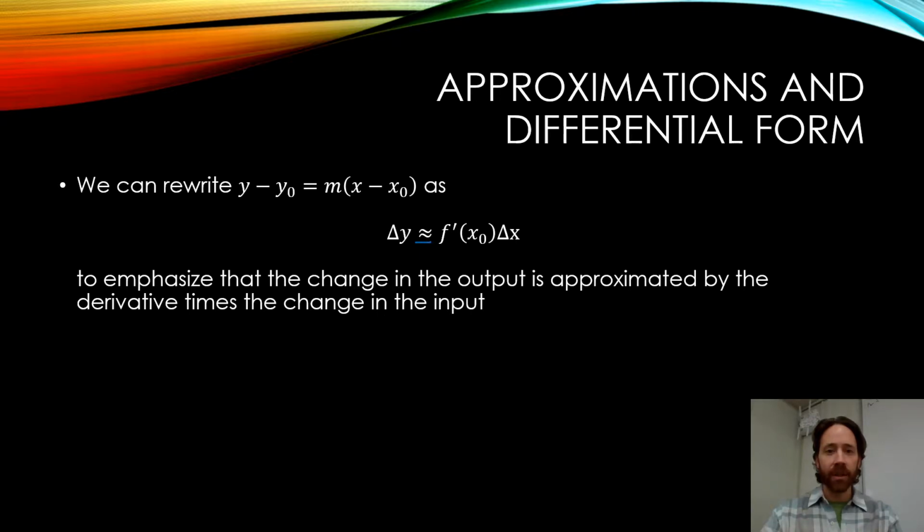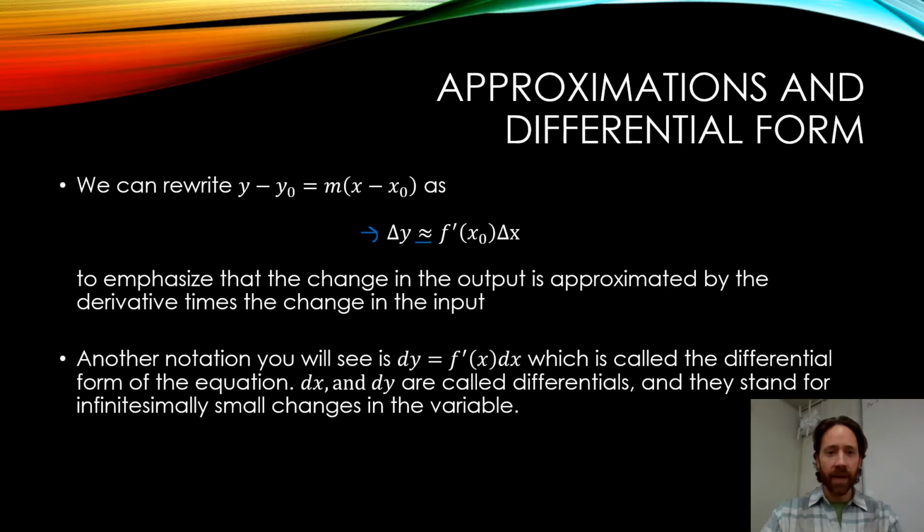If you think about this equation as talking about points on the graph y equals f of x, it's not exact, right? F prime of x naught is the limit of delta y over delta x as delta x goes to 0. But anyway, if delta x is small enough, then this approximation will be fairly accurate.